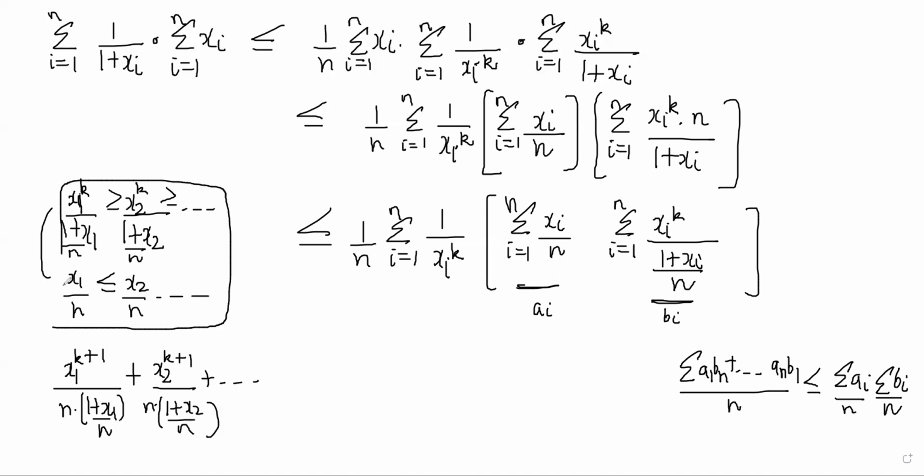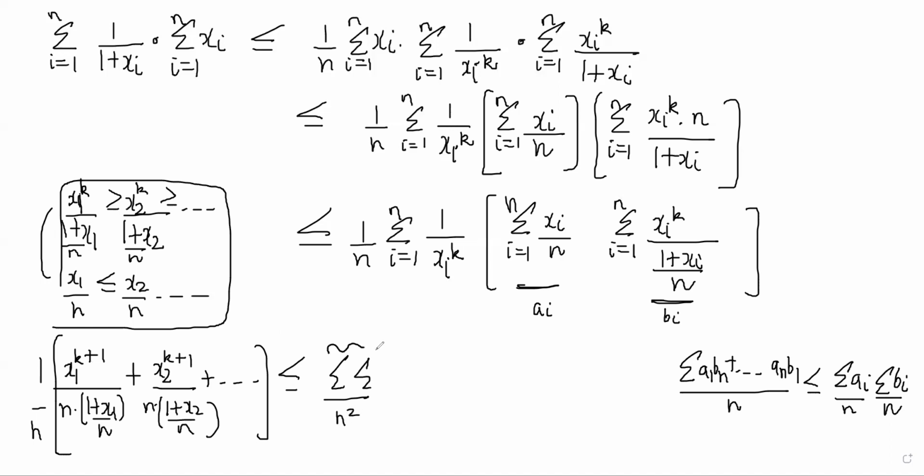Of these two sequences, that reverse order product by n is less than or equal to these two summations separately divided by n square, right?